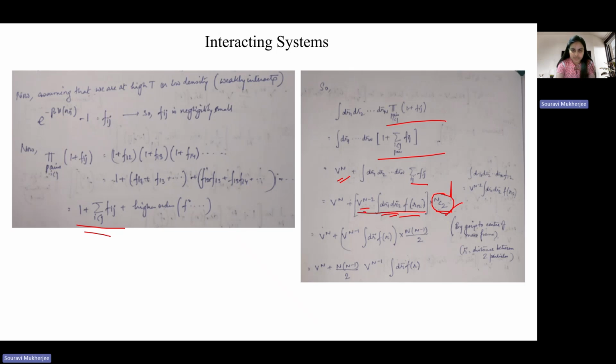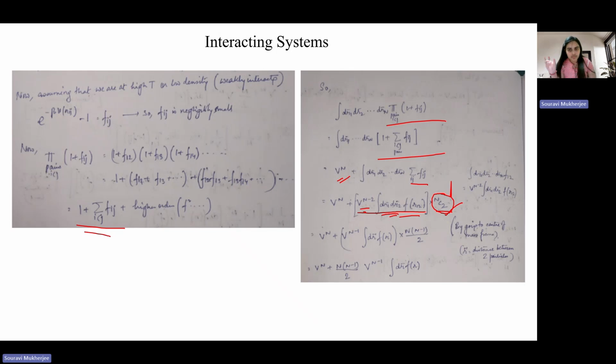Now you can simplify this term. This still involves two variables, right? So you can simplify this much further by going to the center of mass frame. You have n particles and each of the particles interacts with a pairwise interaction. Out of n particles, how many ways can you make a pair? That is NC2.